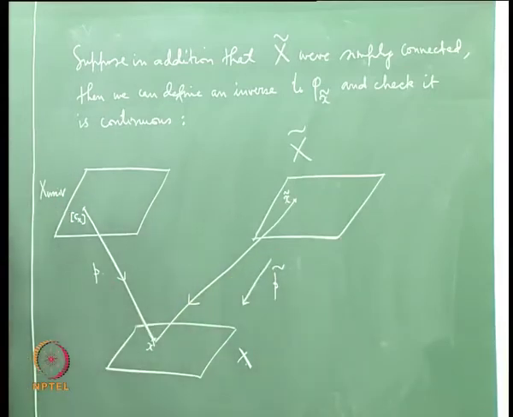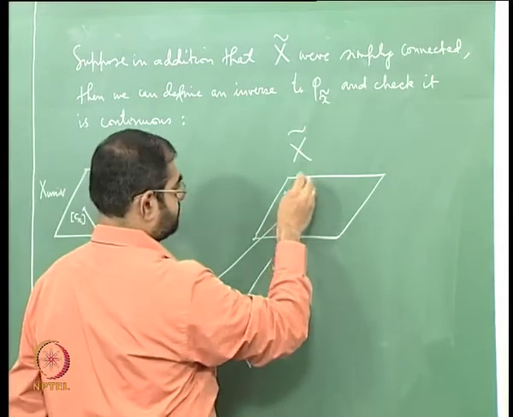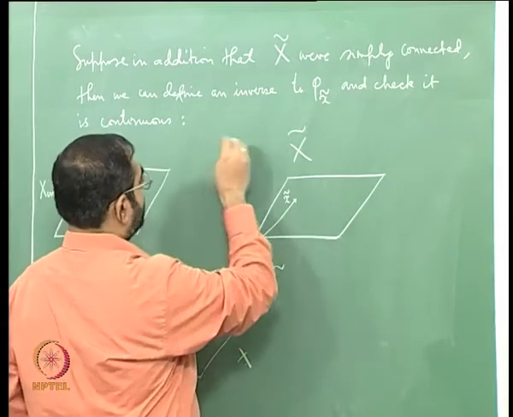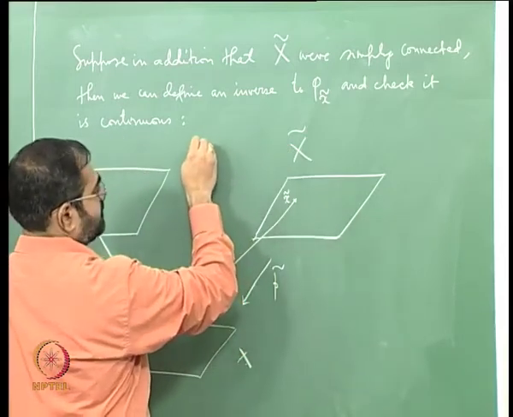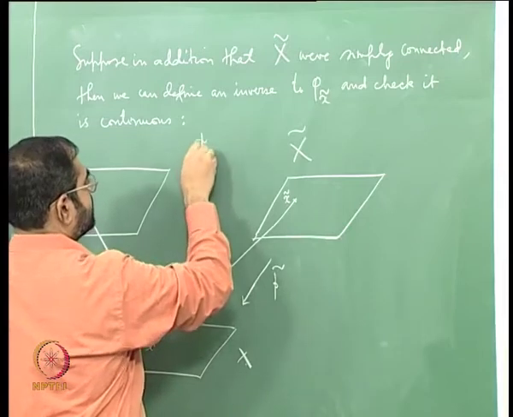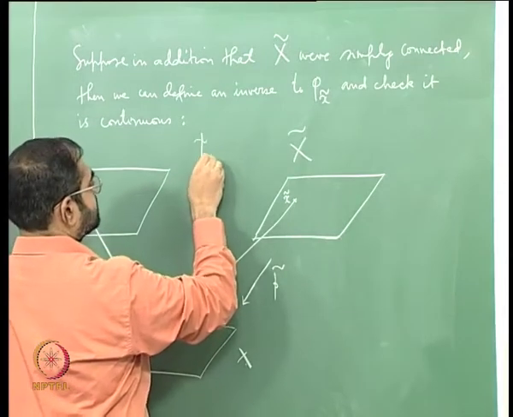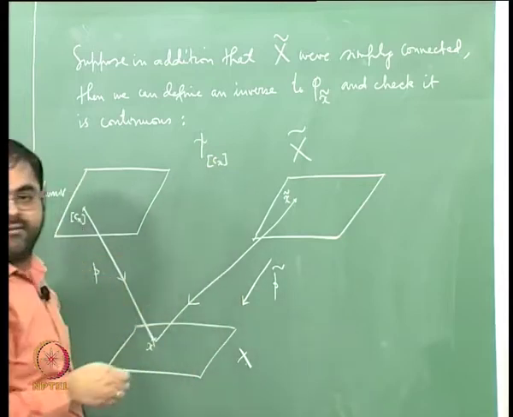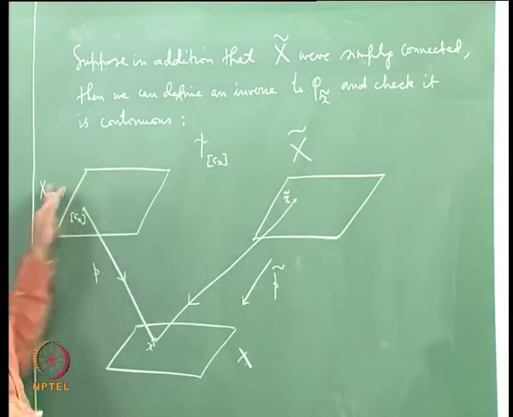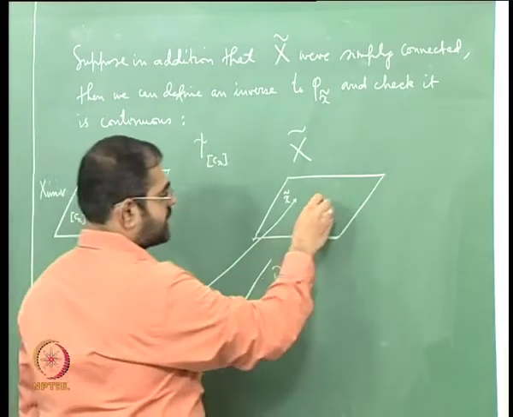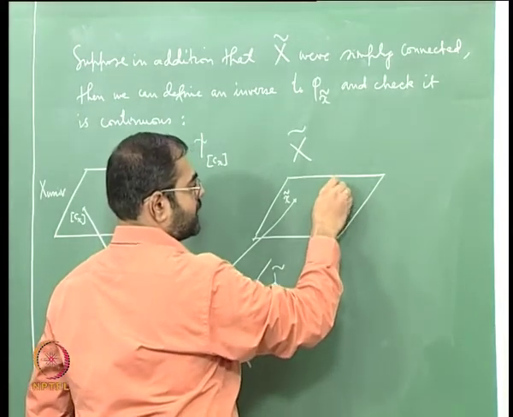Okay. Now what I am going to do is define psi sub Cx, that is a map from here to here, and the way I do it is as follows: give me a point y tilde here.